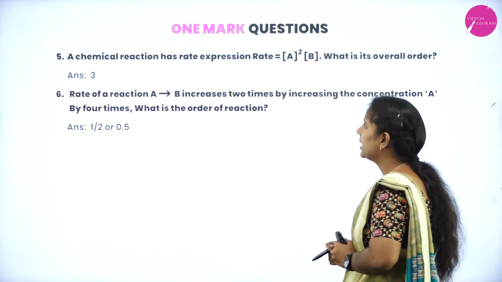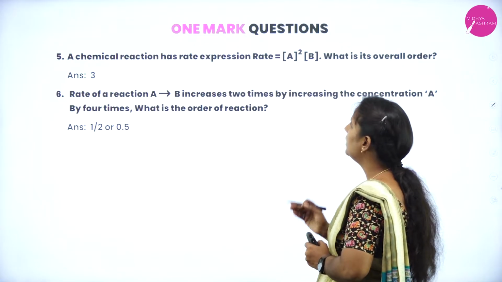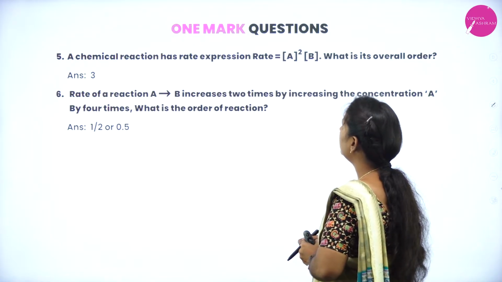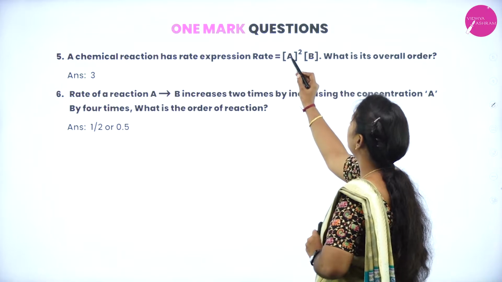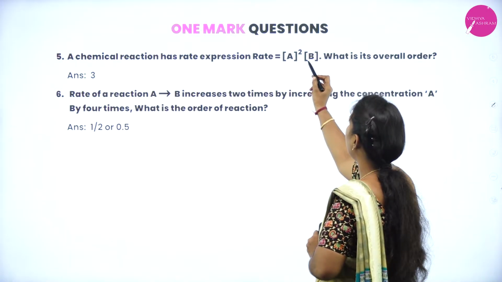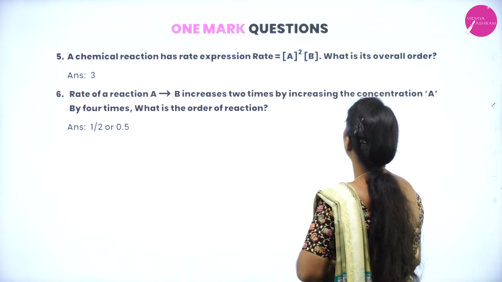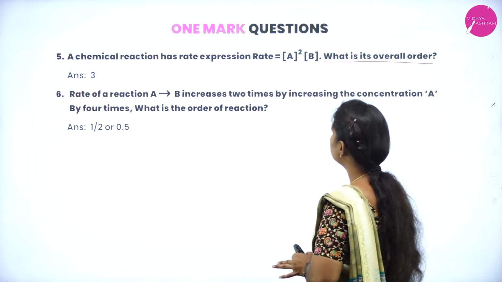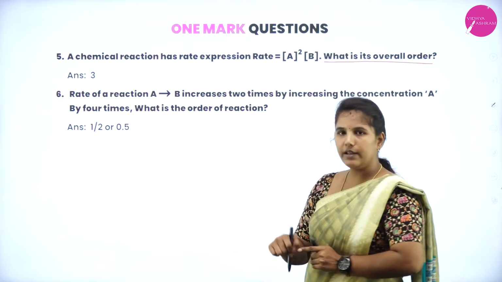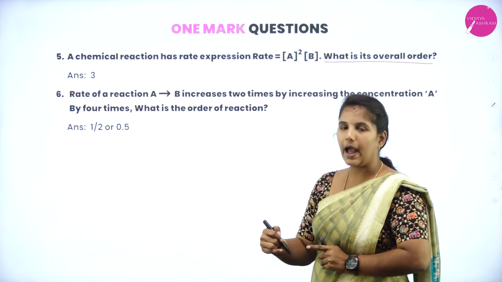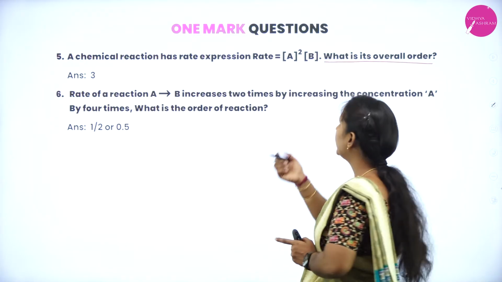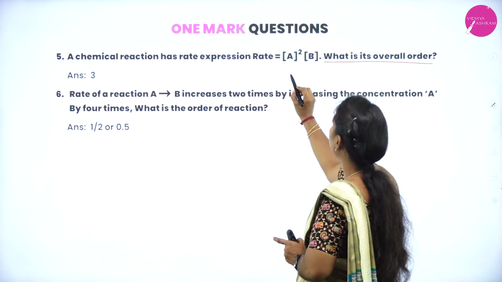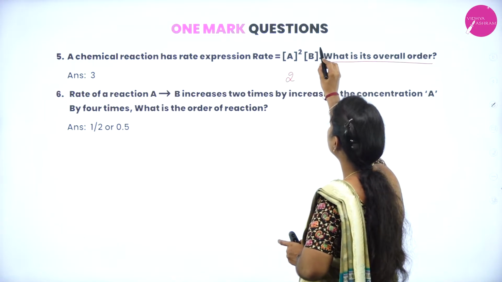The next question goes like this. A chemical reaction has a rate expression equal to concentration of A squared into concentration of B. What is its overall order? If you see, the overall order will be obtained by adding the sum of the powers. You can see that the power of the concentration of A is 2, the concentration of B is 1.